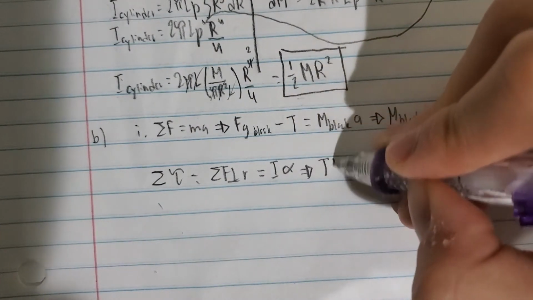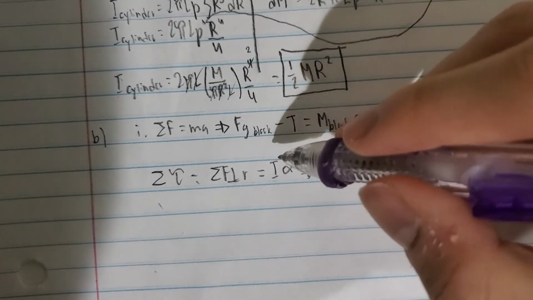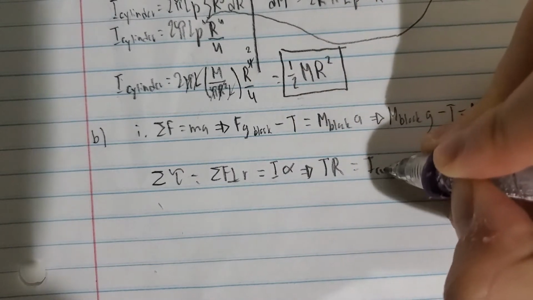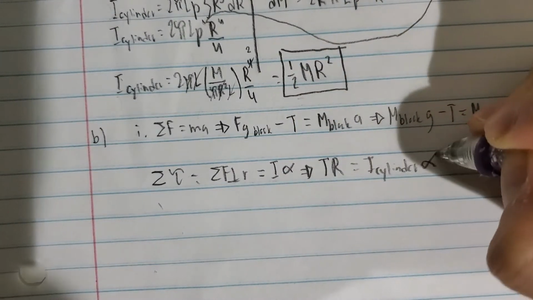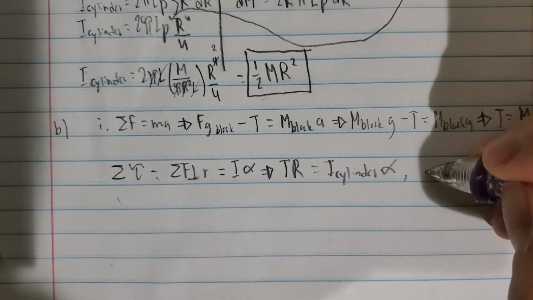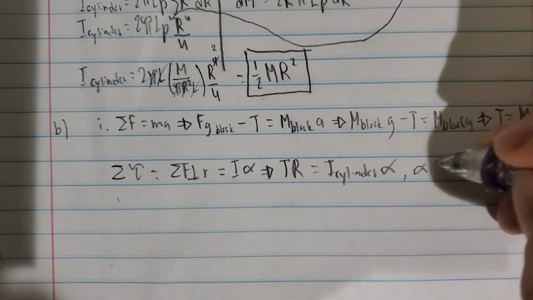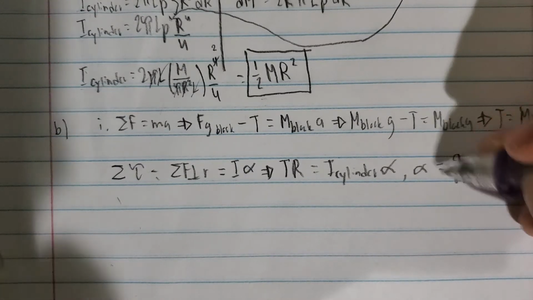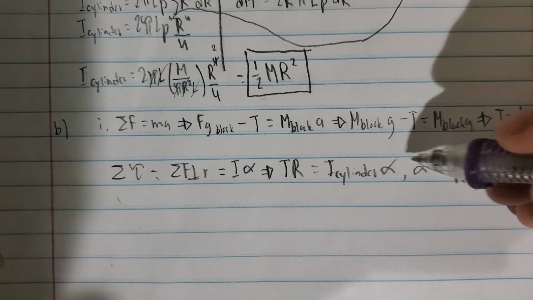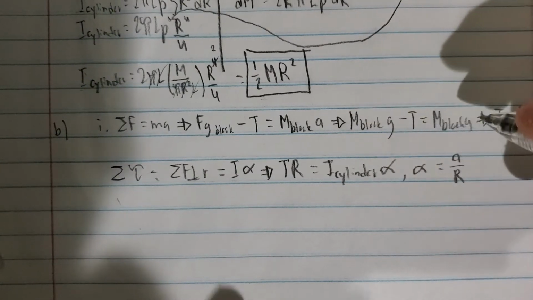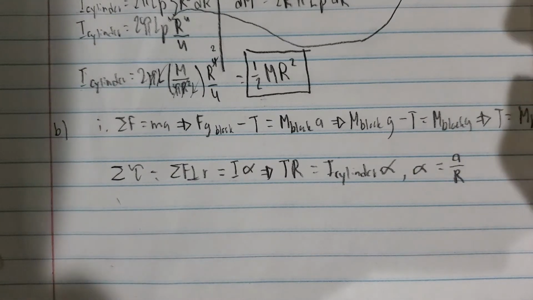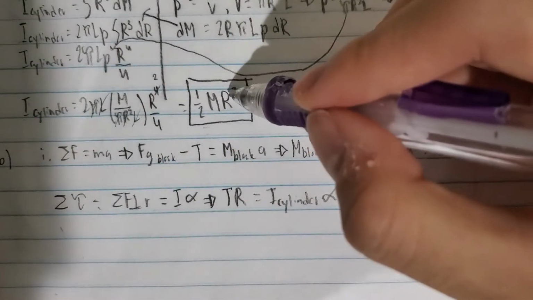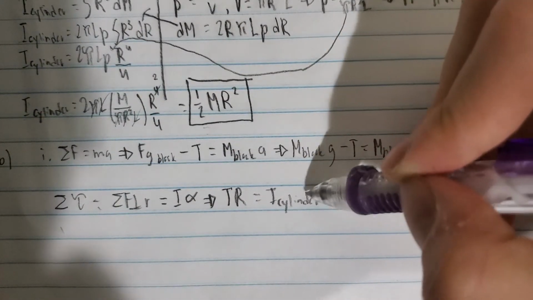Our moment arm is capital R, and then our I is I cylinder, and we have alpha. Now alpha, or angular acceleration, is equal to acceleration divided by radius, and this I can substitute in for angular acceleration in the following step. I can also substitute this in for T, and I can also substitute this in for I cylinder.